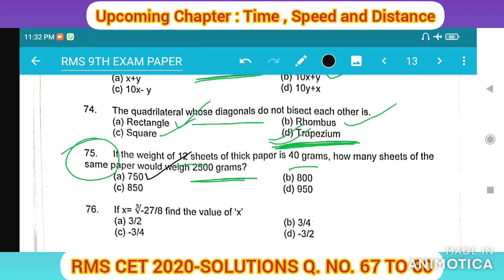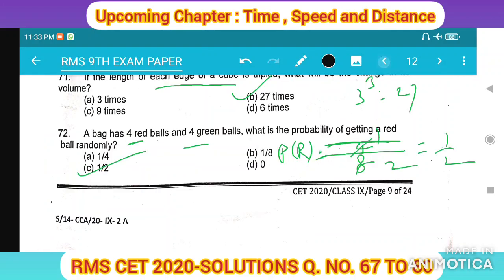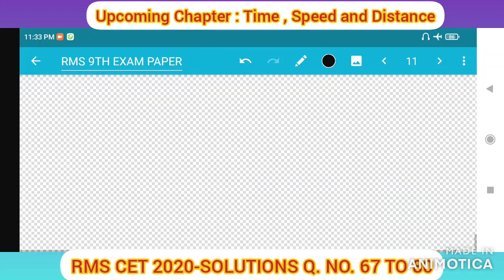Next, if x is equal to the cube root of minus 27 by 8, find the value of x. Very easy. 76. The 76th one is C.